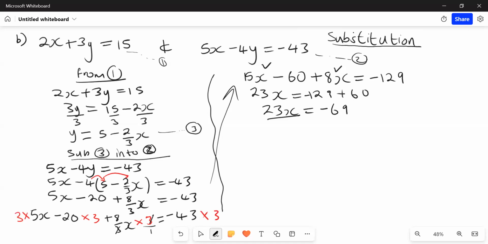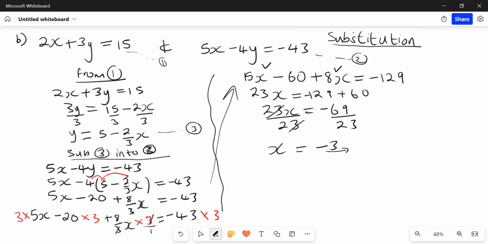We divide both sides by 23. 23 and 23 cancel, and we are left with negative 3. So basically our x is negative 3.